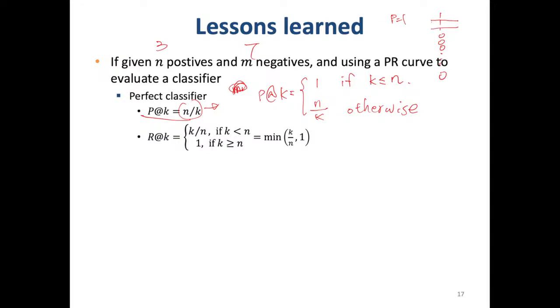Here, precision is also 1. Here, precision is also 1. Only if my k is larger than the number of positives, my precision becomes n divided by k. Okay, so this should be corrected.